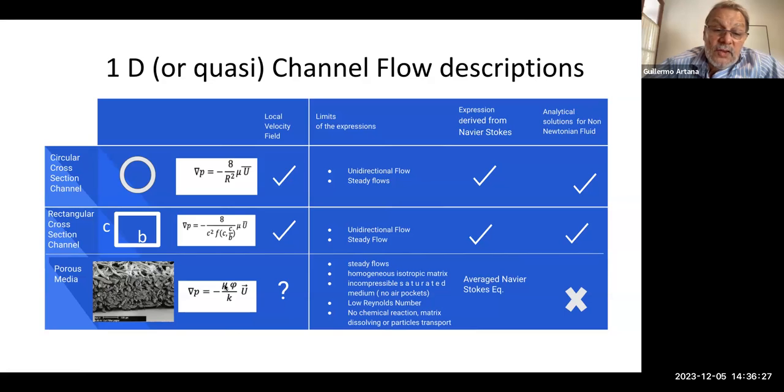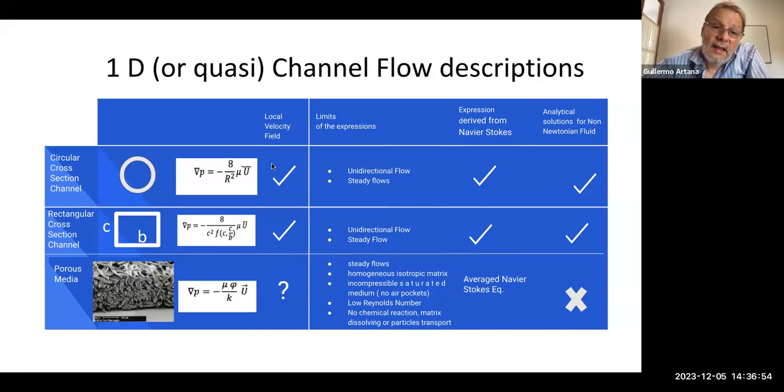You have the viscosity too, and you also have the two parameters that are related to the structure of the matrix. One of them is related to the porosity, and the other to the permeability. This permeability is considered in this expression as a constant, but actually this is a tensor too.